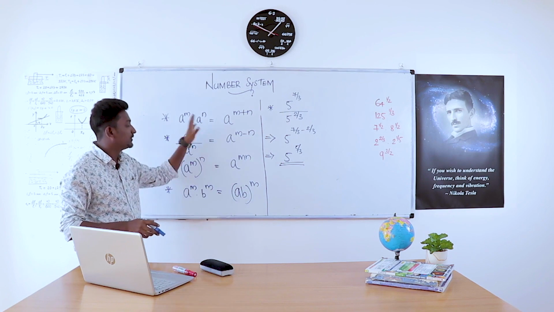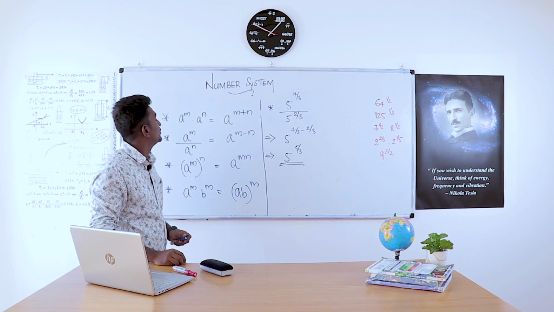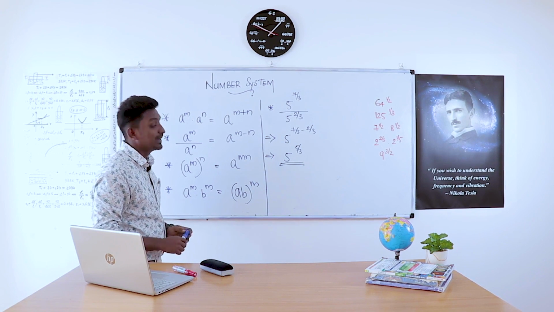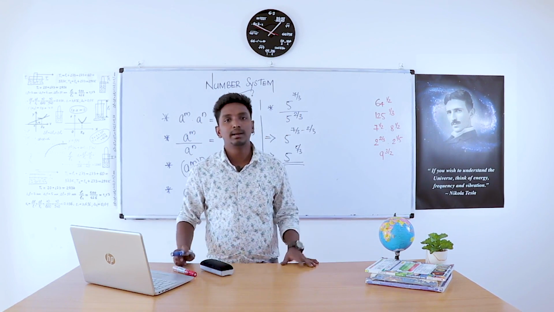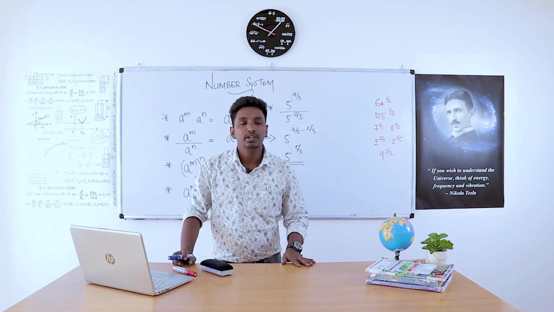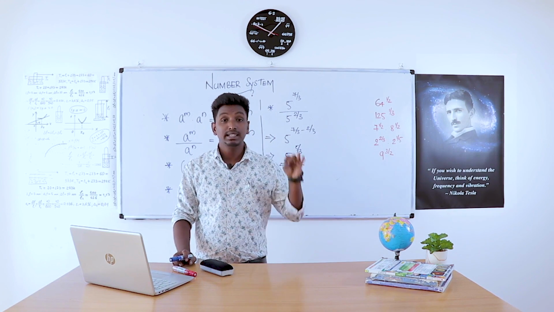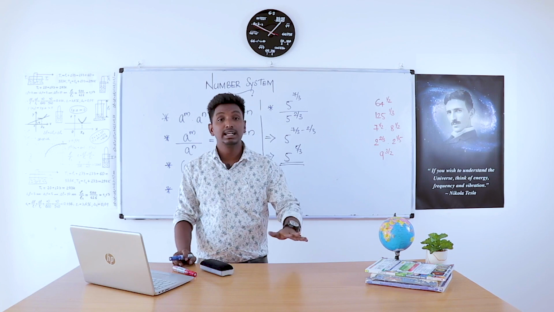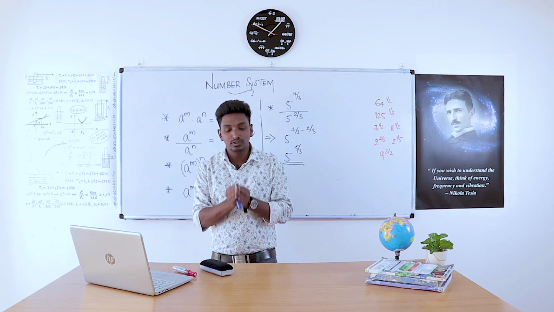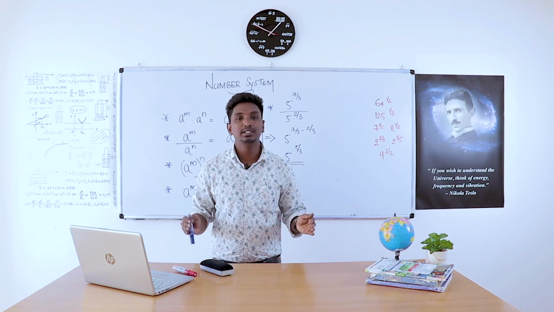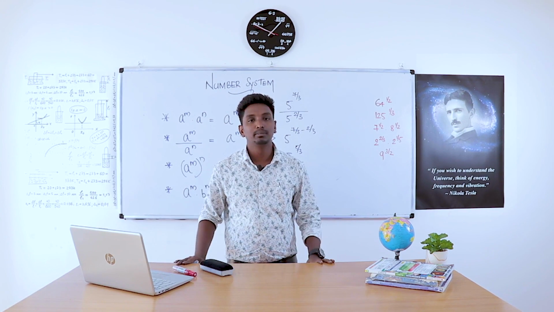Now we have covered all the 4 results and put them in problems for solving. That's how we are done with the chapter number system. Now let us recollect what we have studied in this chapter. In this chapter number system, first of all, we went through the classifications of numbers: natural numbers, whole numbers, integers, rational numbers, irrational numbers, real numbers. Then finding rational numbers between two numbers, that may be 2 rational numbers, 5 rational numbers, 10 rational numbers in between two numbers.